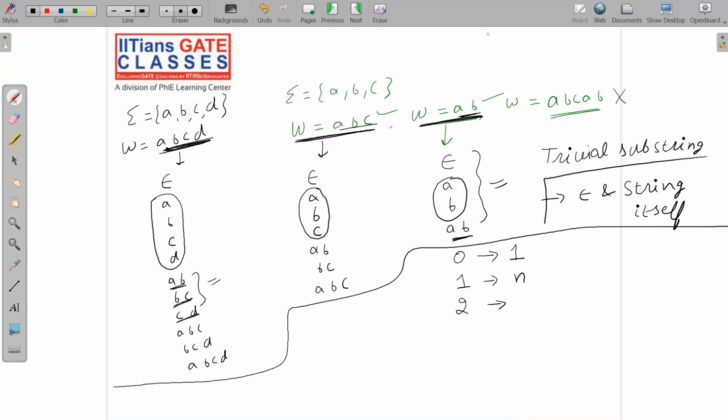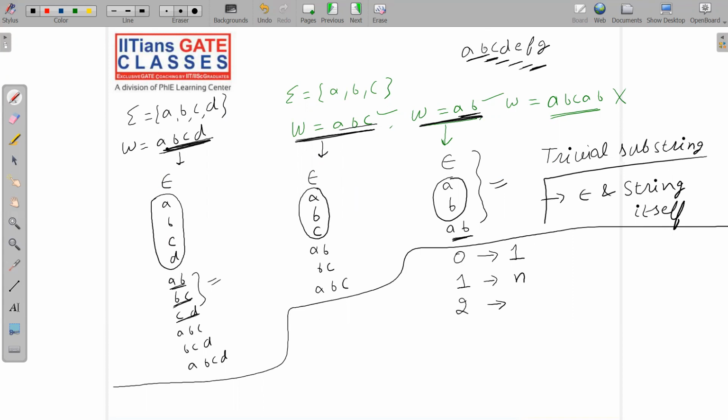Why only 3? See here, A, B, C, D, E, F, G. Let us take this string. Now we are considering length 2, so we are making pairs of continuous symbols. So AB, then BC, then CD, then DE, then EF, then FG. So all these are 2 length strings.